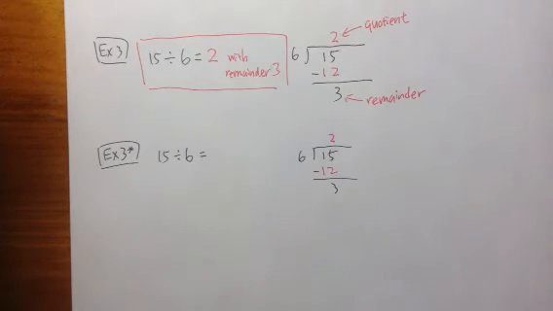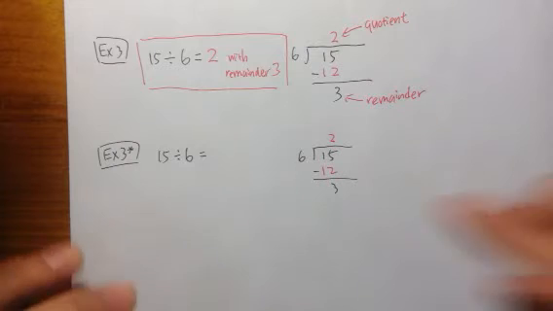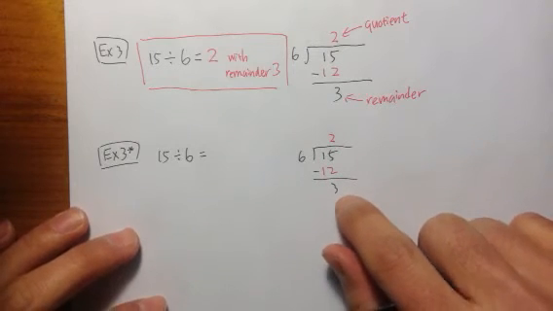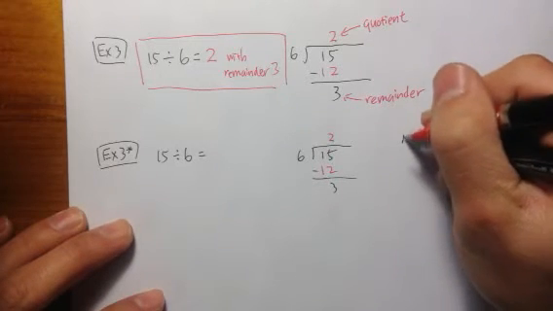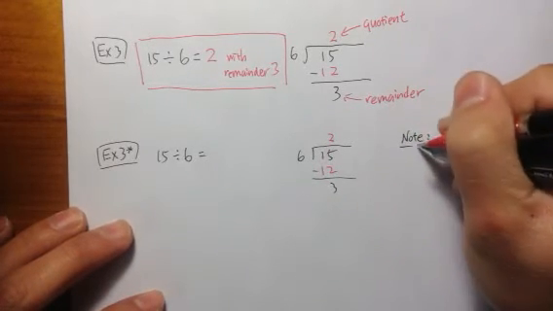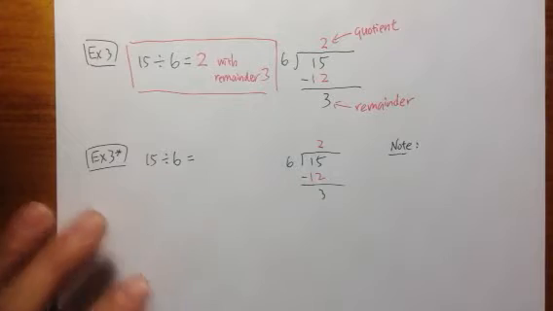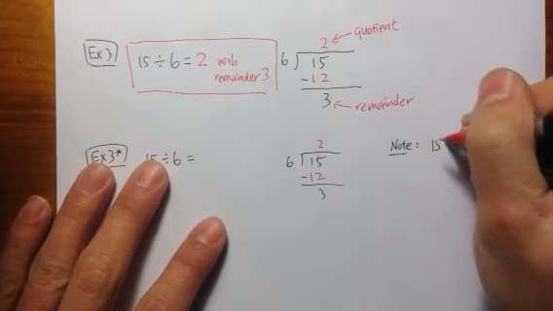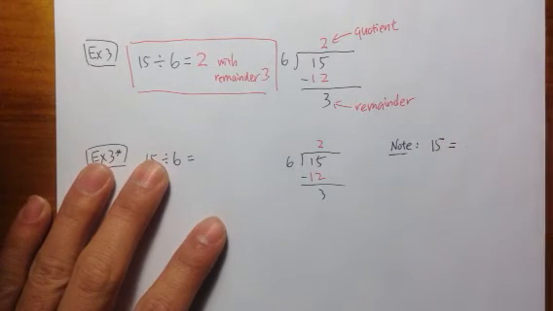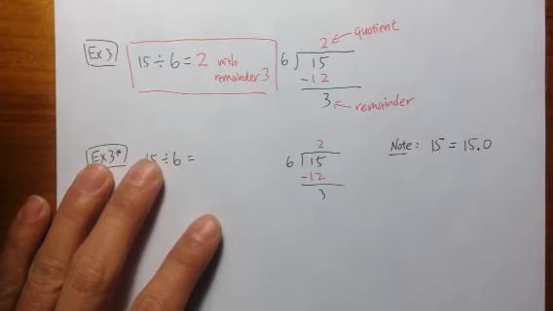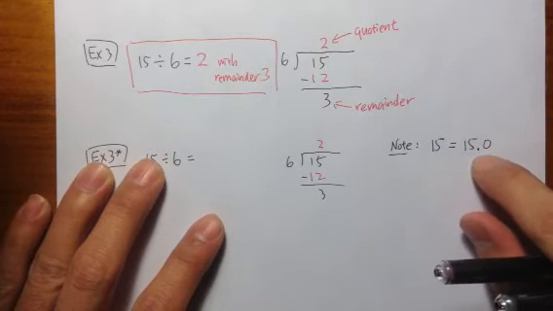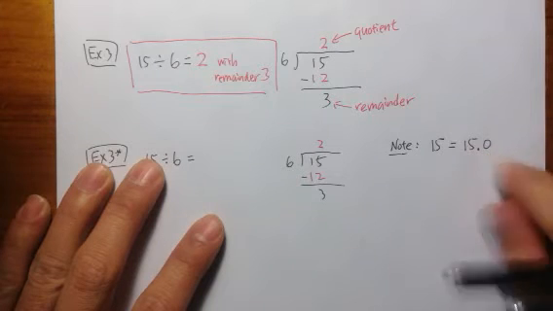But what if I want to keep going? Right? Because the remainder is equal to 3. How can we do that? Well, we're going to notice that, let me put a note right here. Notice the number 15. This number can be written as 15.0. The 0 after the decimal point doesn't matter.